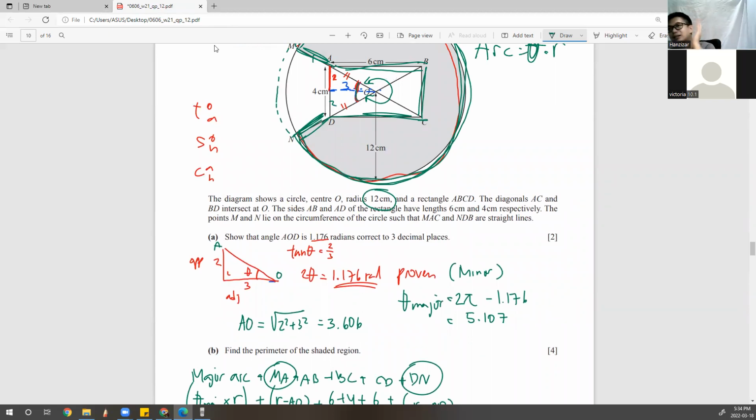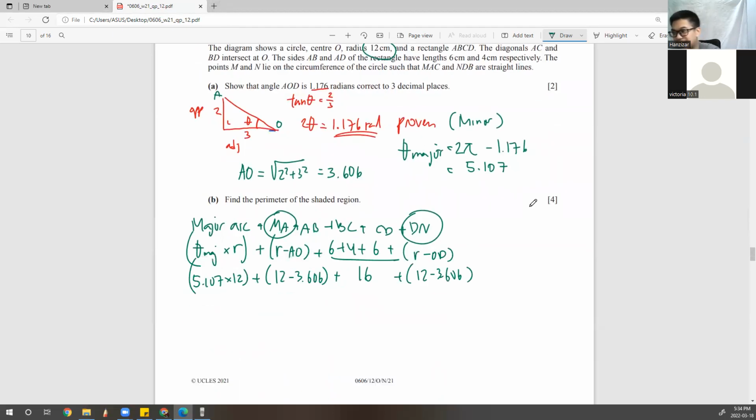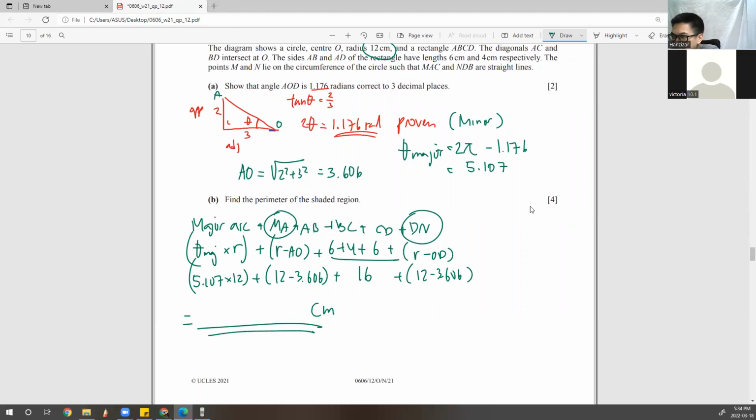That's the way you think. I need to make sure that 3 square plus 2 square is, yes, 3.606. Then you can calculate it by yourself. I don't want to calculate this. The unit is cm square. Okay, you can do it, right? Easy. Just times, subtract, just a matter of time.